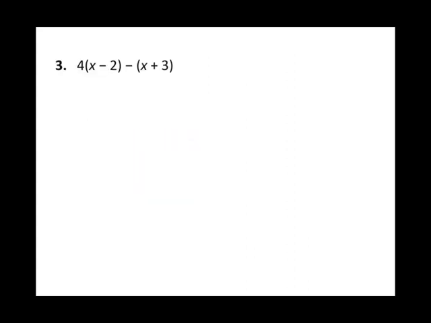Okay, last one. Try to do it by yourself again. Okay, distribute one by one. So I have a 4x minus 4 times 2. You're going to get the x. This means negative 1, right?